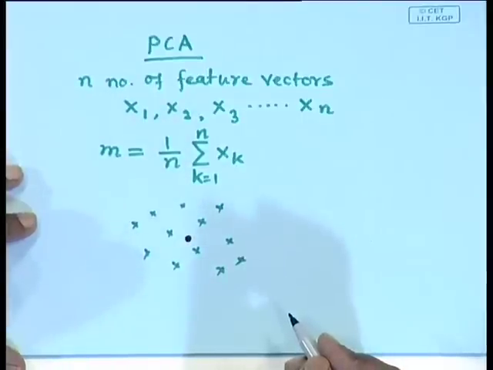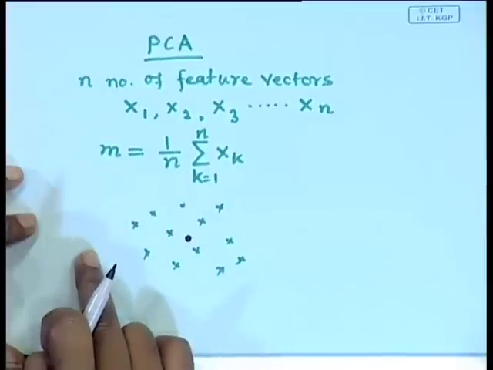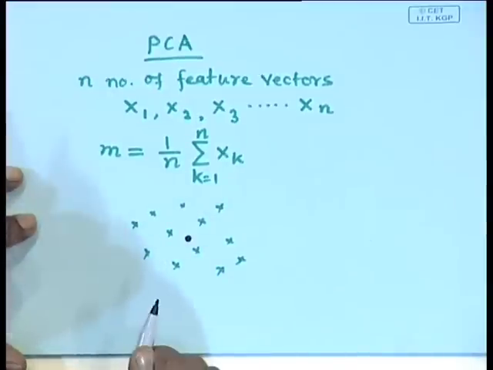If I want to represent these d dimensional feature vectors by a 1 dimensional feature vector, that means I have to represent them somehow onto a line. The d-dimensional feature vectors will be mapped to different points on a line.